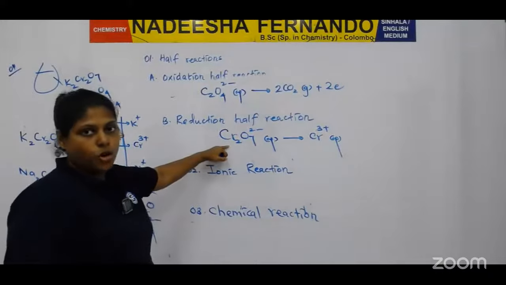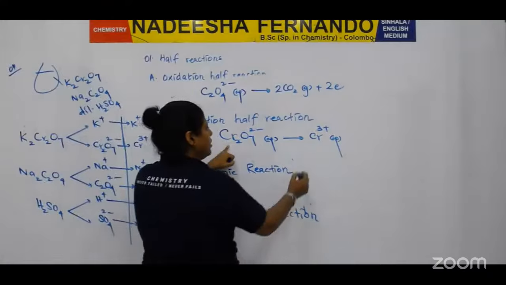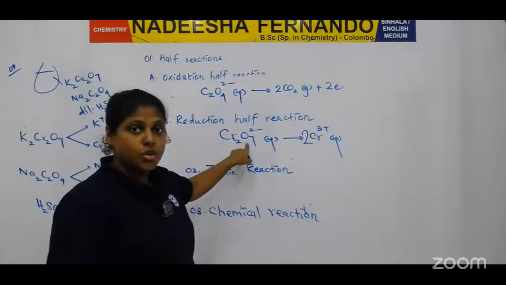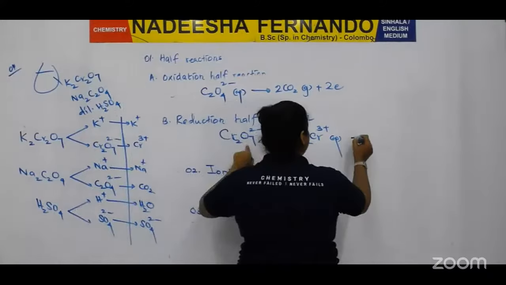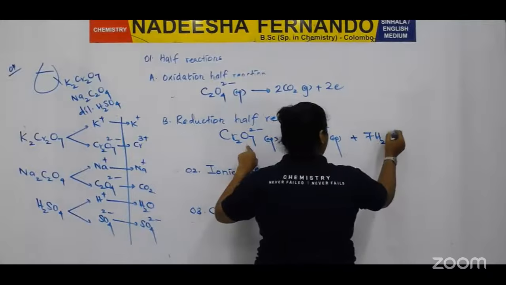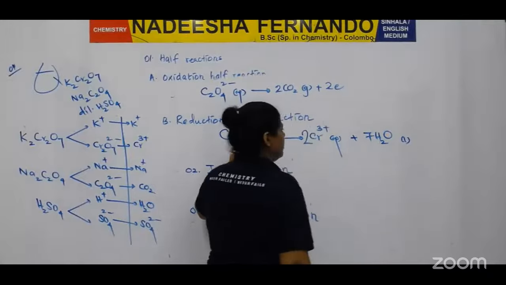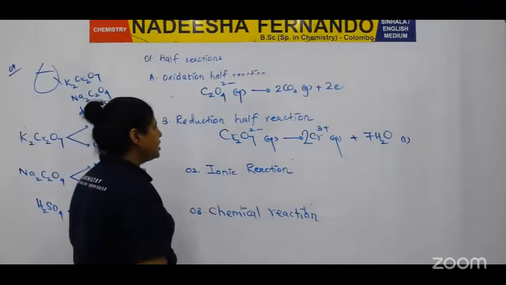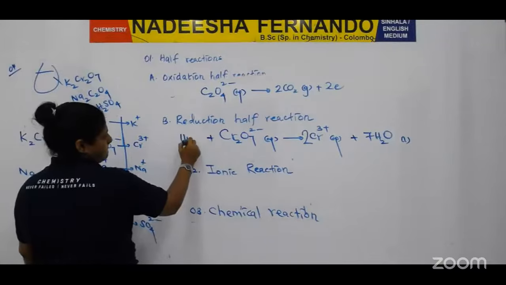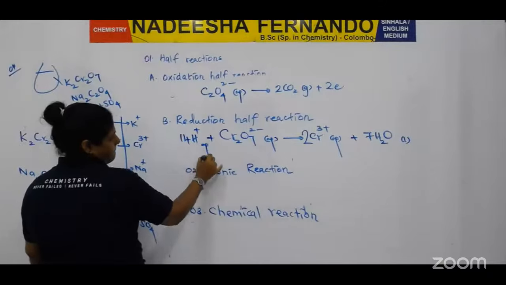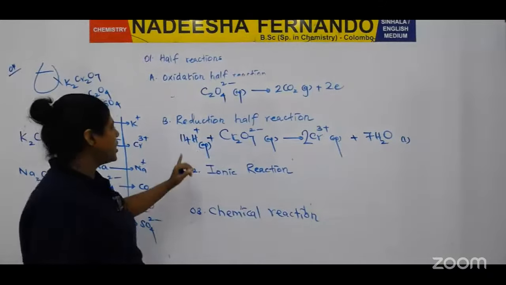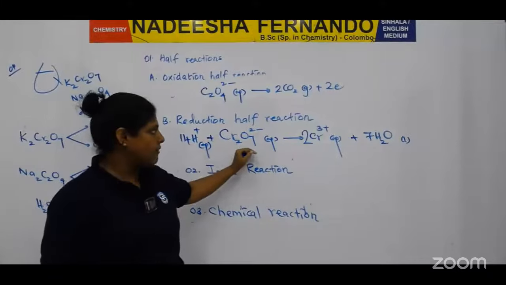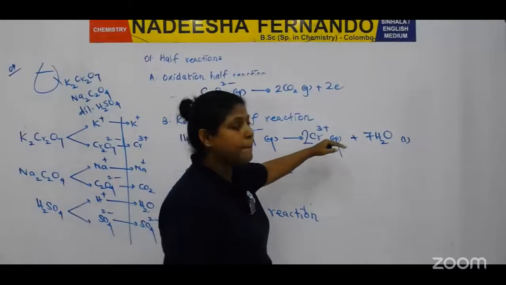First balance chromium. Here 2 chromium. Therefore multiply Cr3 plus by 2. Then to balance the oxygen, 7 oxygen, add 7 H2O liquid. To balance the hydrogen, 7 into 2, 14 H plus. Now overall charge: plus 14 minus 2, plus 12. Other side 2 into 3, plus 6.